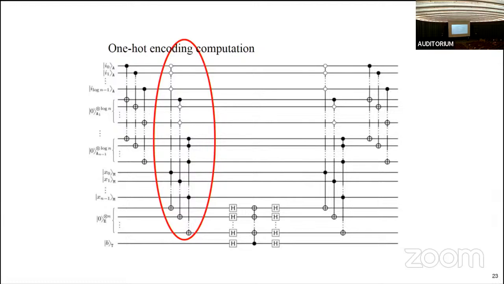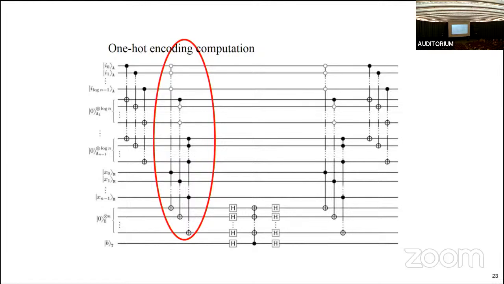We do all the combinations. If your string is all zeros, we put a 1 here. If not, if they're 1, 0, 0, we put it here, until you try all the combinations. If they're all 1, you put it here. So at the end of the day, in your auxiliary register, you have at most one qubit in the state 1 per branch of the wave function. After that, you just copy all these results into a target.